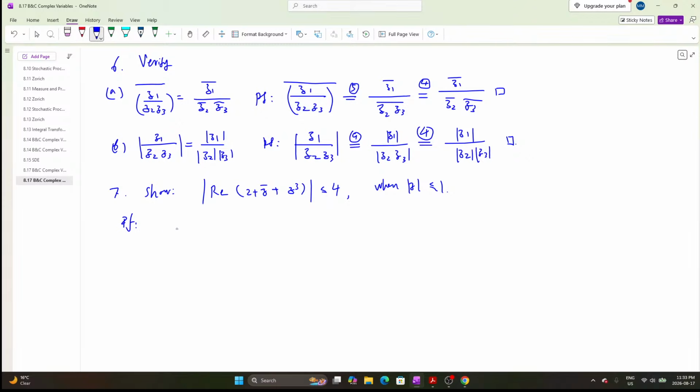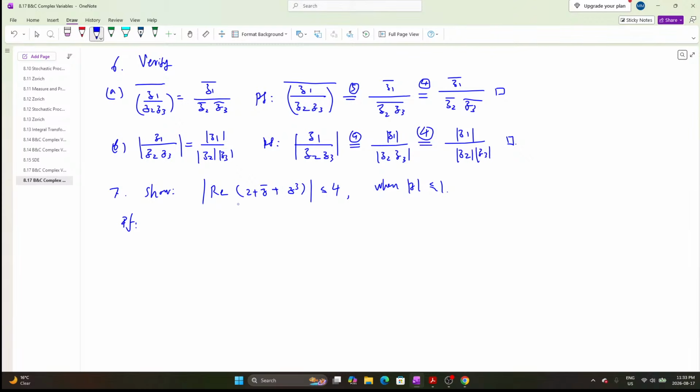You can use some scratch work, but let's just try to do it mentally. First of all, you have a real part. You need an upper bound, right? We've seen that earlier. This can be bounded above by the modulus of what's inside the real part.